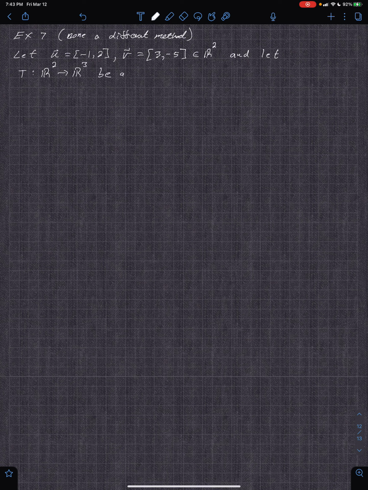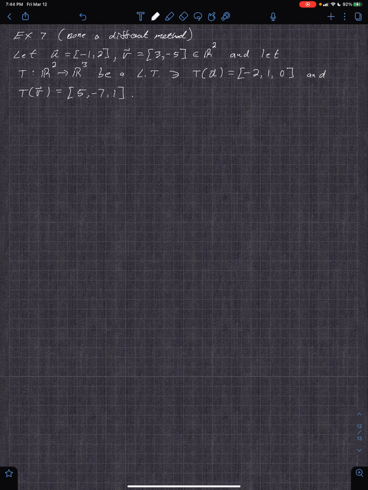So it would be a linear transformation, such that T of U is equal to the vector 2, 1, 0, and T of V is equal to the vector 5, negative 7, 1.